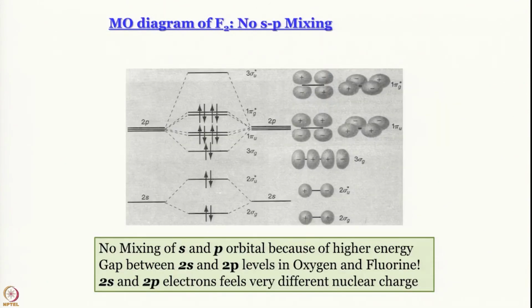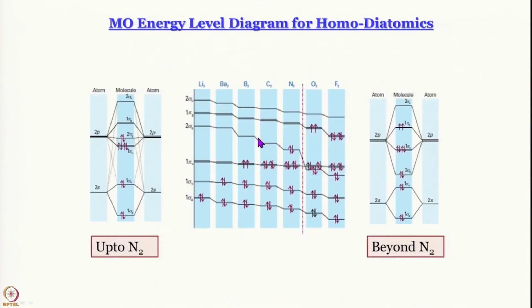For F2 there is no sp mixing, and that is what we see experimentally. So the energy scheme to be used is the other one. If you go from Li2 to F2, it appears that first of all this energy lowering will be there, but the change in the relative ordering of energy of the sigma and pi orbitals appears to take place between nitrogen and oxygen. If you ask me why, my honest answer is I do not know.